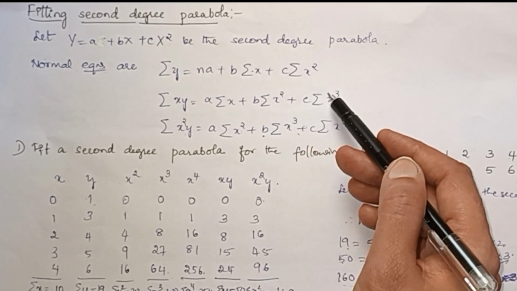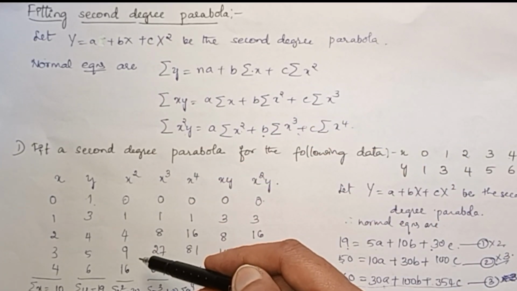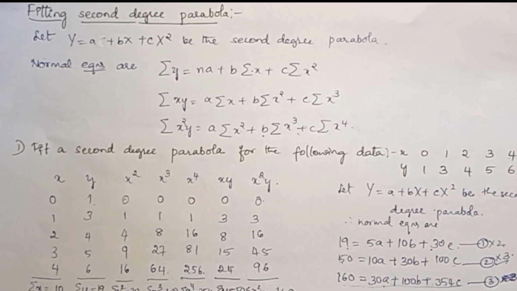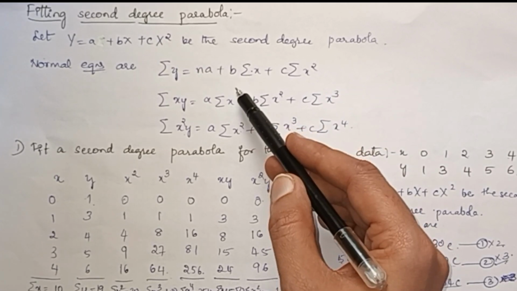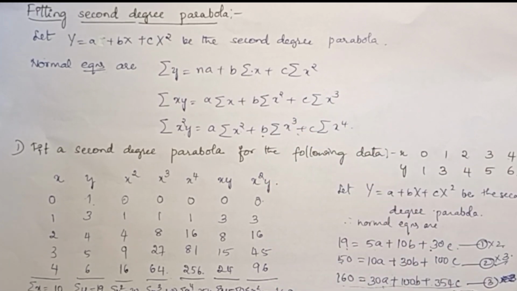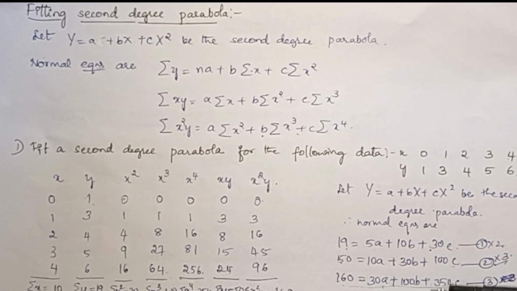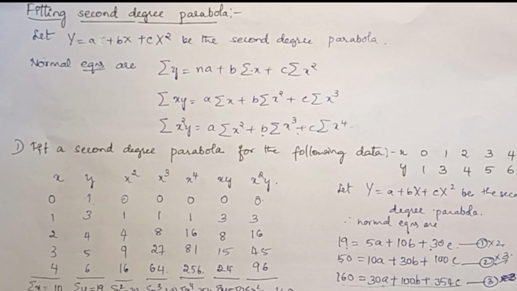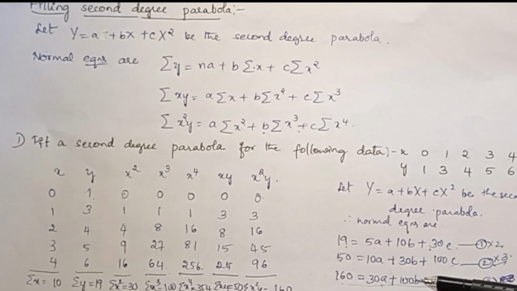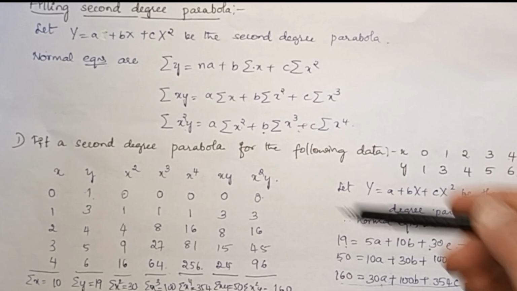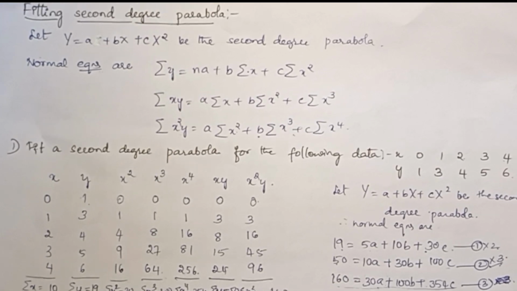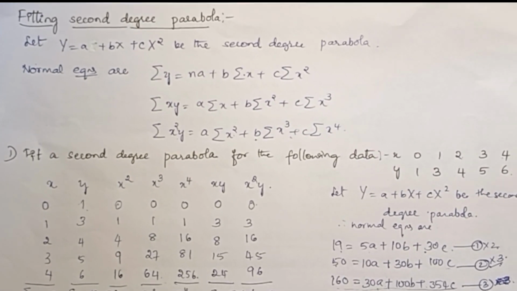So based on these normal equations, write the corresponding columns, then get the equations. After substituting all in these equations, you will get three simultaneous equations. Solve one by one, that is any two first, that gives you the third equation, then any other two next. You will get two equations in two variables. That helps you to find out the third variable, then using that second variable, then come back to the first variable. This is how we do fitting of a second degree parabola.